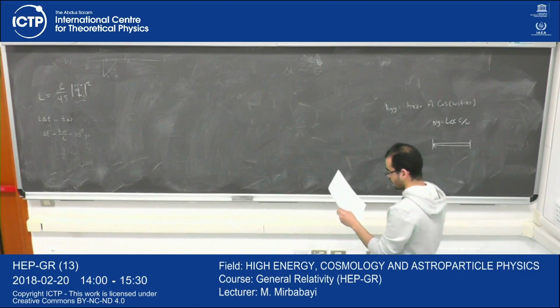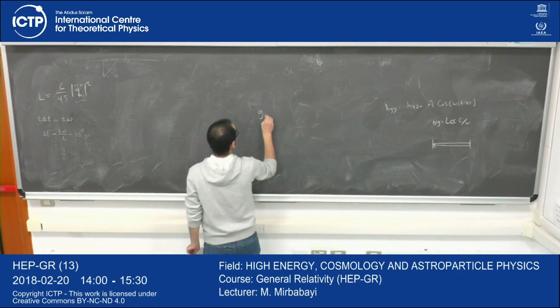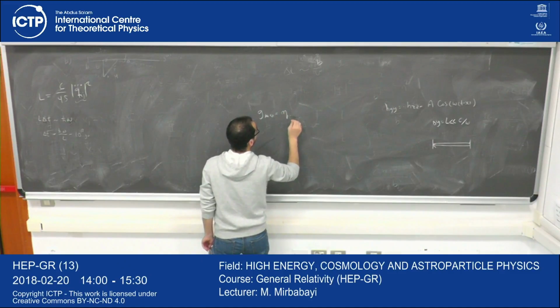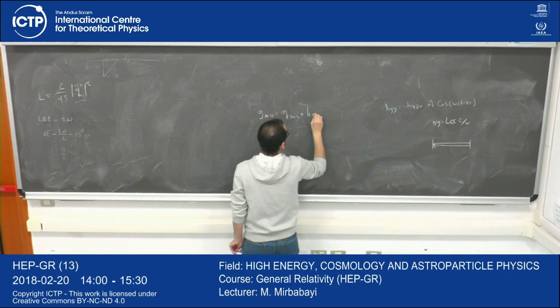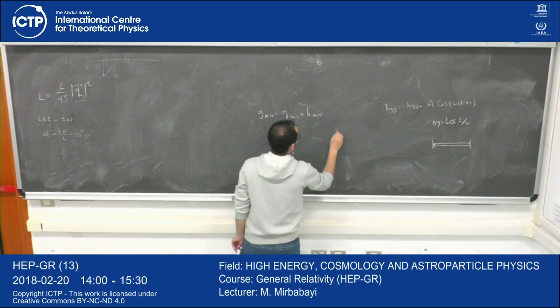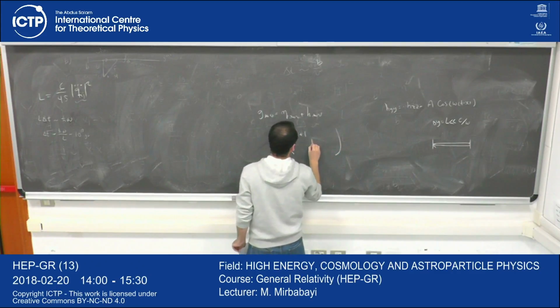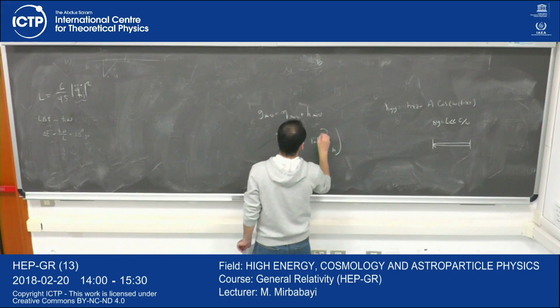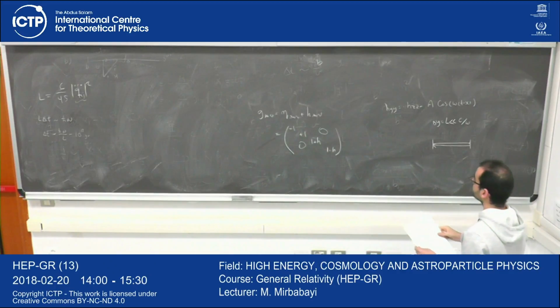So we will have g_mu nu, which is eta_mu nu plus h_mu nu, which is more or less minus 1, plus 1, plus h, plus h, and the rest zeros.